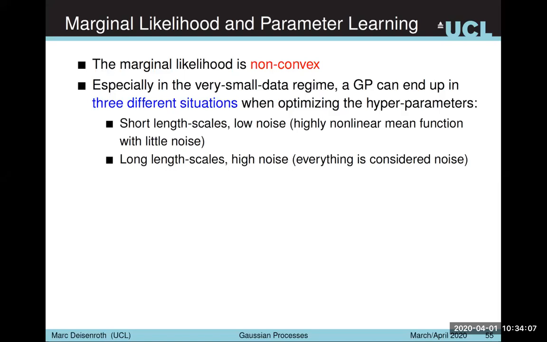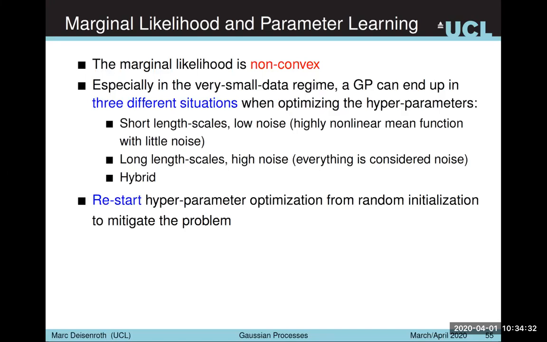Or a long length scale with high noise, where we effectively treat the signal as just noise. So there's no real signal in the data, but most of what we see is considered to be noise. And some sort of hybrid, with shorter length scales and a bit of noise, which interpolates between these two extremes. Because of this, it's worthwhile restarting the hyperparameter optimization from random initializations to find the best value of the marginal likelihood.